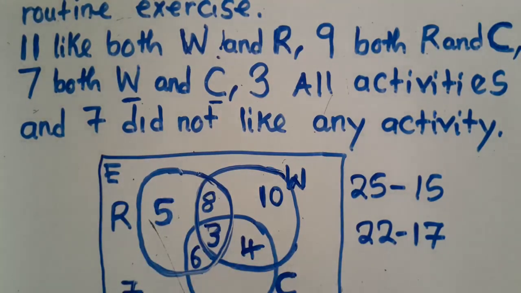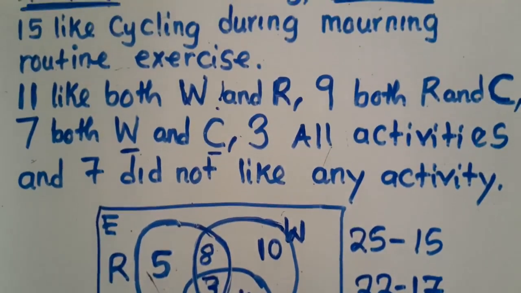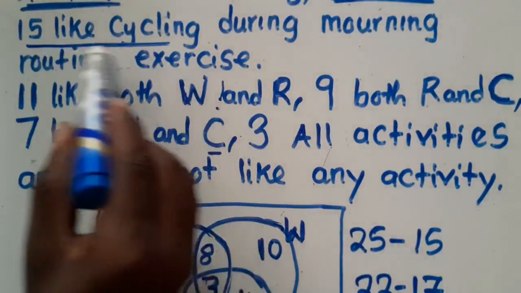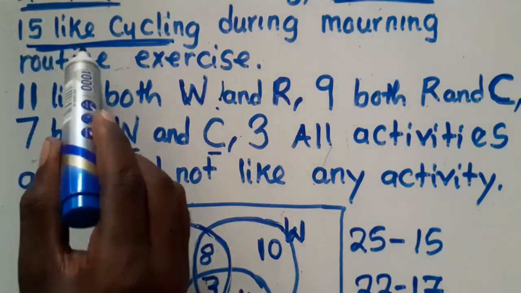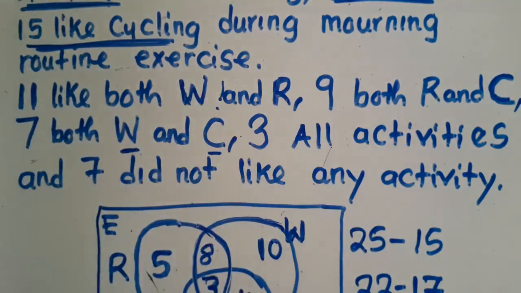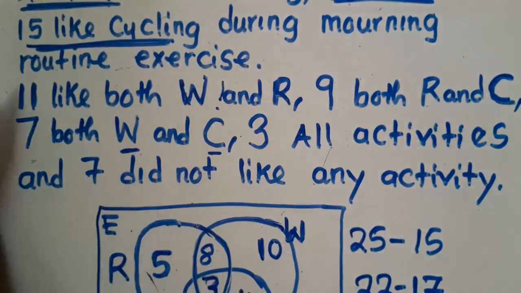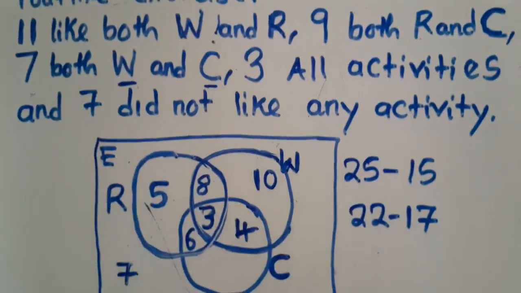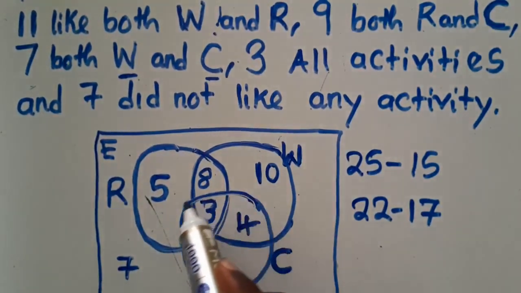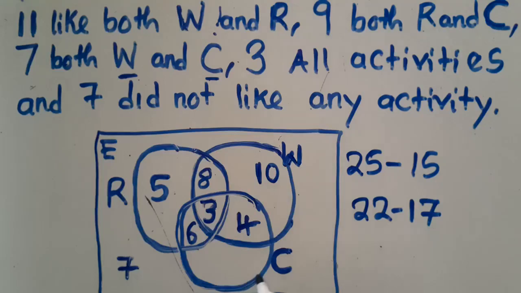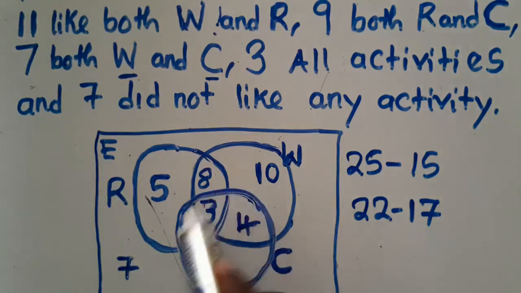Cycling. How many are they? 15. So this is what you are going to do. The 15 is the full set for cycling.